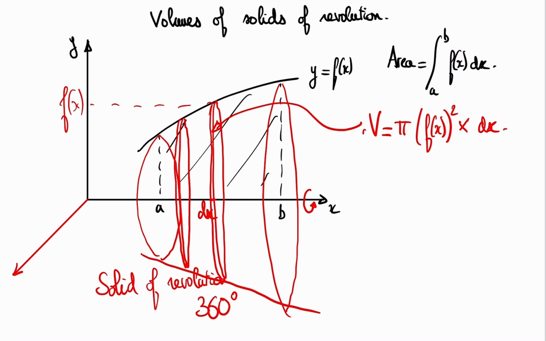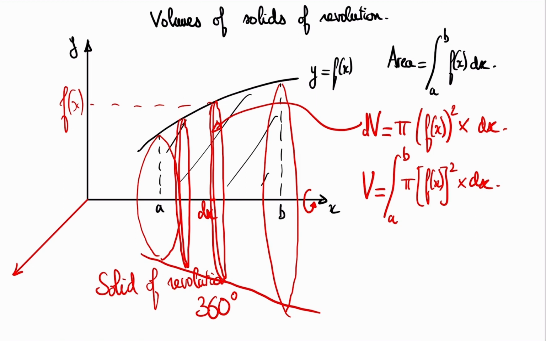This is the small volume, and the total volume would be the sum going from a to b of these little volumes, which is pi times f of x squared times dx. That's how we're going to calculate volumes of revolution.